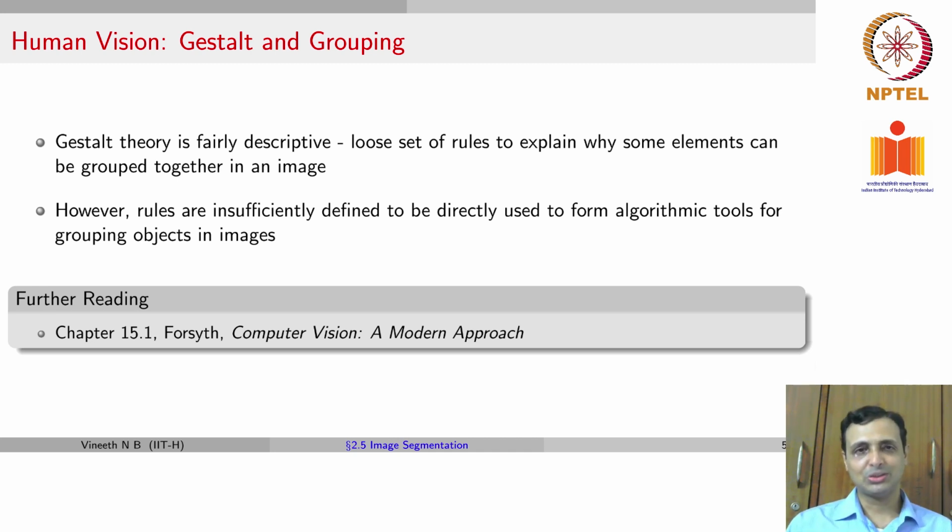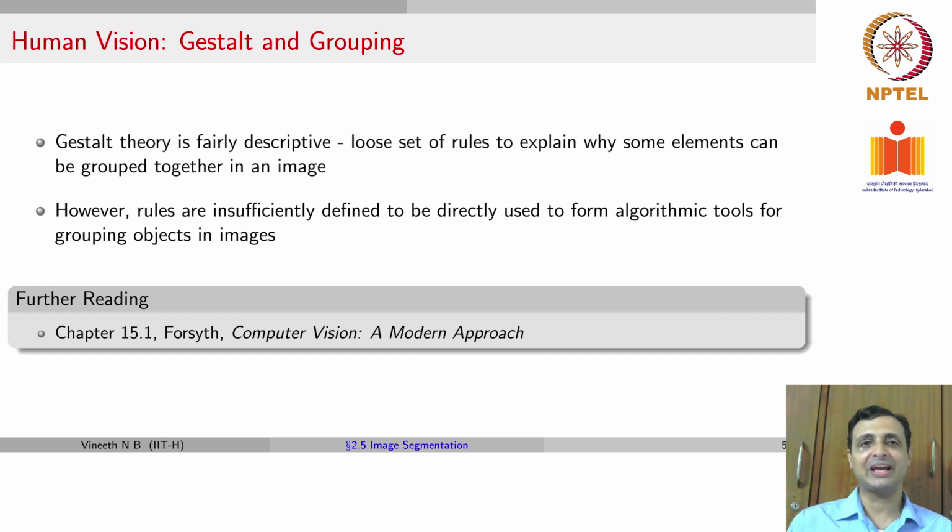However, these rules by themselves are not clearly defined enough to become algorithms. So you really cannot take the rule directly and implement a pseudocode for that rule that could help you find, say, groups in an image. So for the rest of this lecture, we're going to talk about that task called image segmentation, where we try to group similar pixels into different groups.